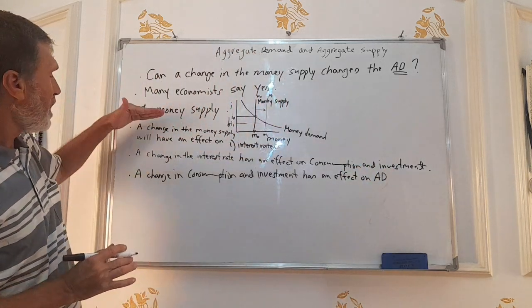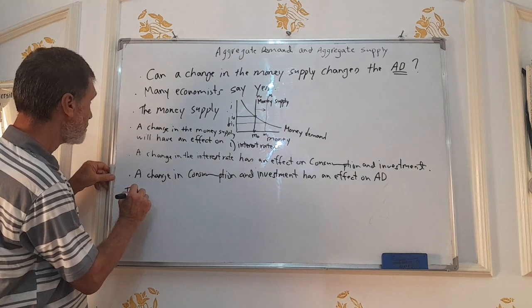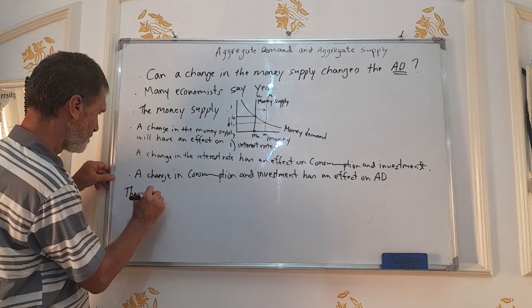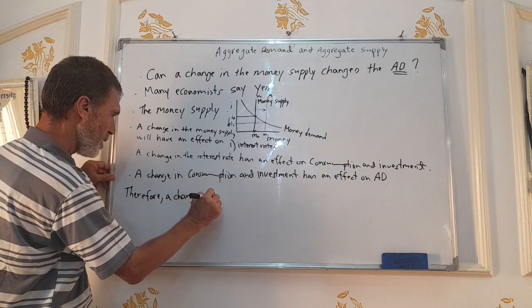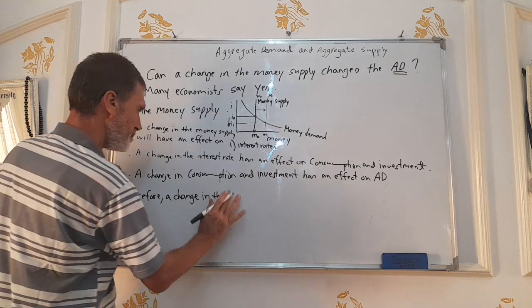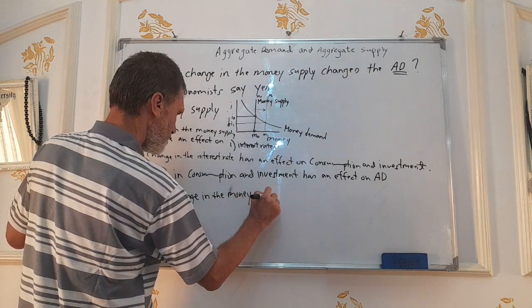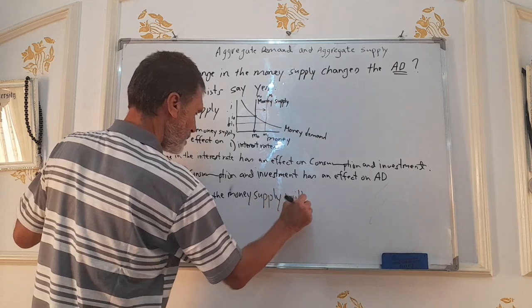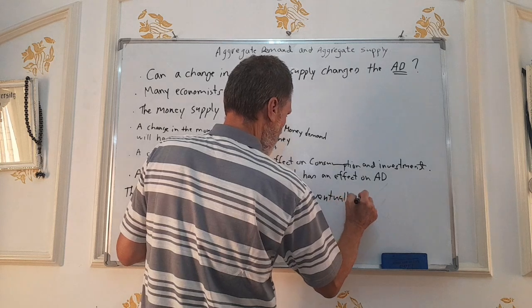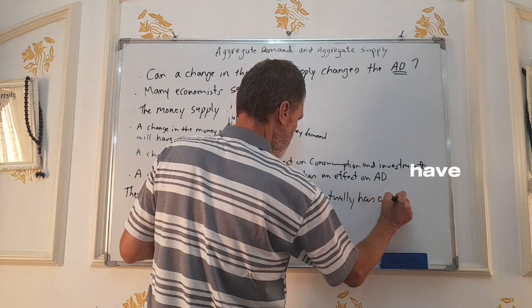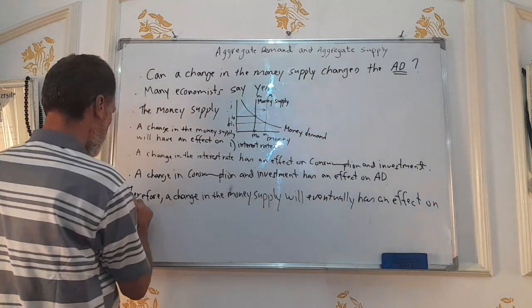Therefore, a change in the money supply will eventually have an effect on the aggregate demand curve.